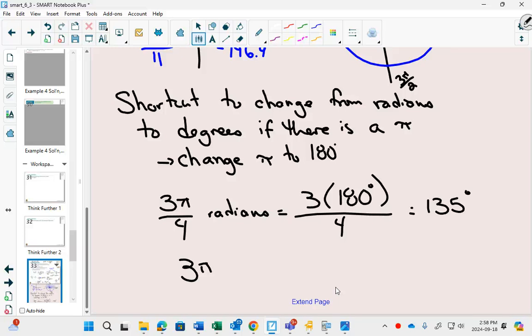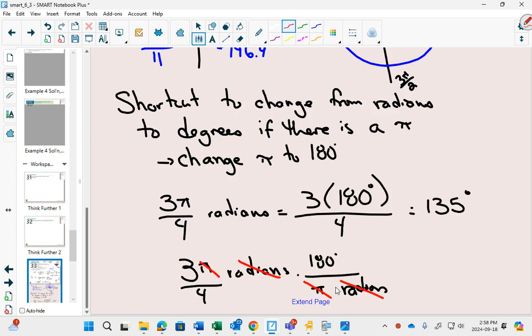Well, look, if we do it the proper way, 3 pi over 4 radians, I'm going to multiply by, put my radians on the bottom, so pi would be on the bottom, and 180 degrees on the top. Well, the radians would go away, the pi's would go away, and can you see that basically what happened is the 180 replaces where the pi was. And so it can be a shortcut that you can use if you're changing from radians to degrees and you have a pi. You don't have to use that shortcut, you can still use the fractions.